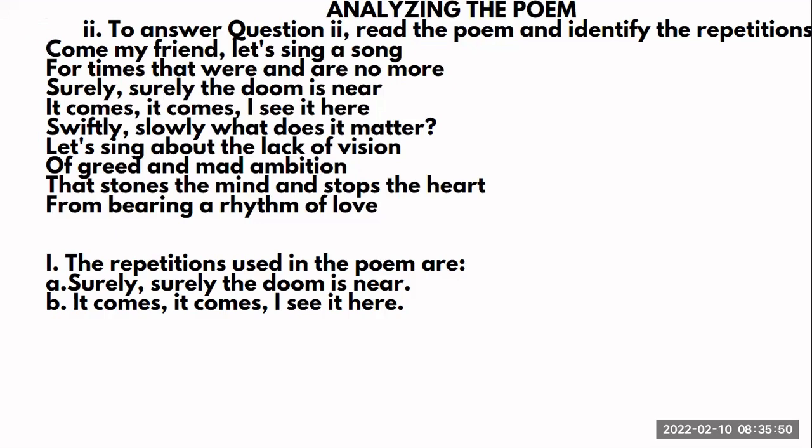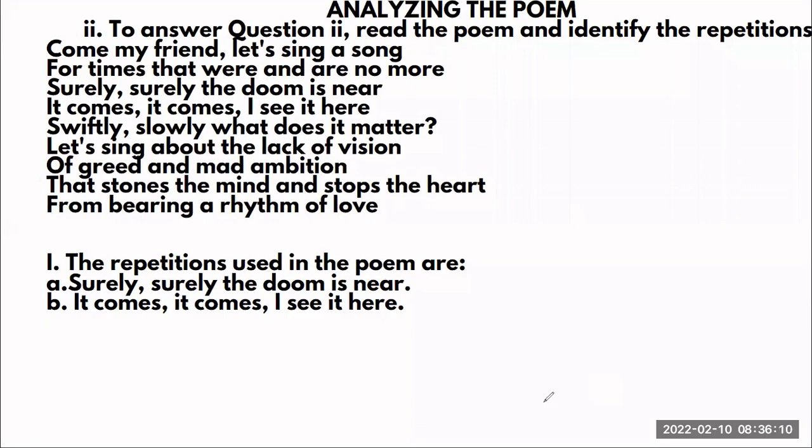Let's identify repetition. Now, repetition is just self-evident. It is self-explanatory. Whenever you find a word repeated, that is an evidence of repetition. So let's look for it. Come, my friend. Well, let me see how we can point at what we are saying. So, line number 1, let's see if there's a repetition there. Come, my friend, let's sing a song, no repetition.